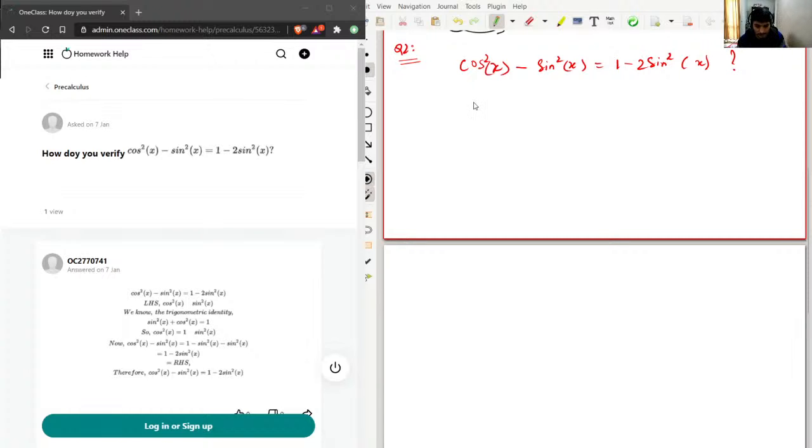For proving such statements, we'll go with one property of trigonometry: cosine square of x plus sine square of x equal to 1.